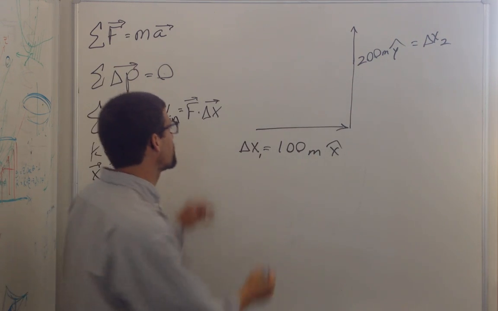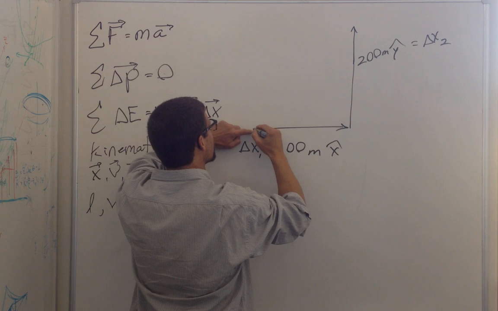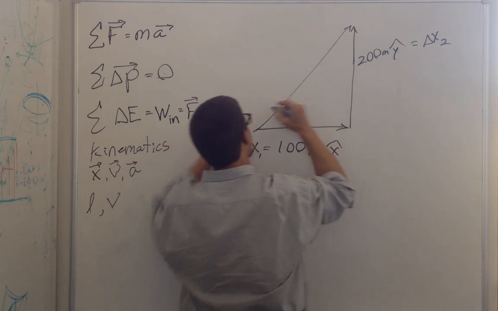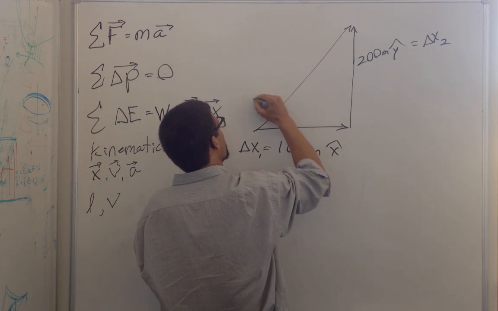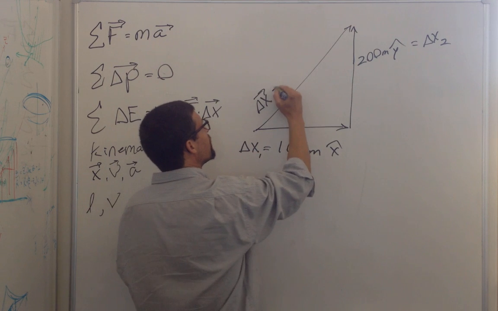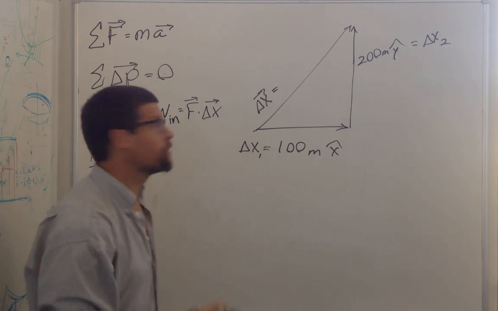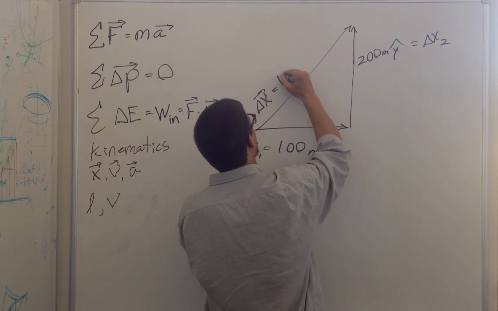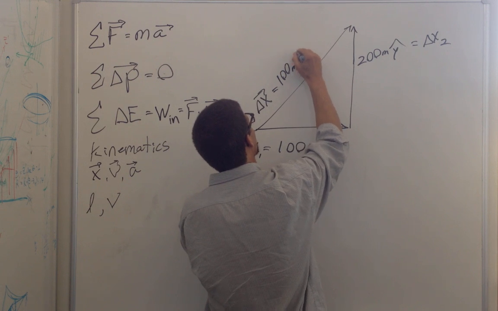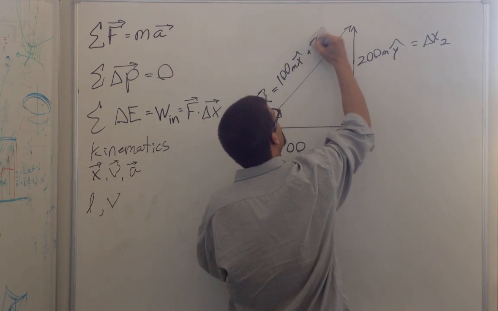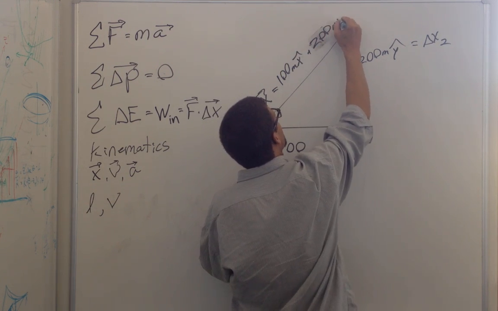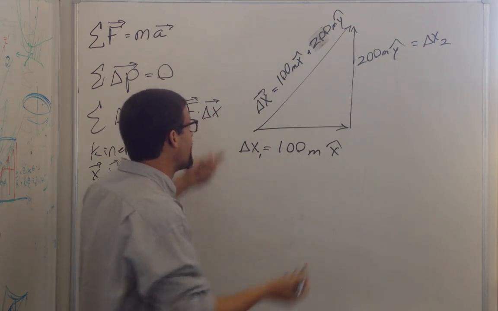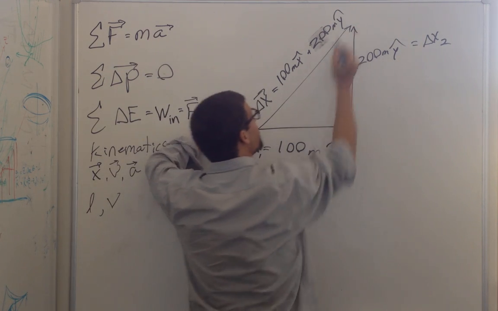So what is your final displacement? We add these like vectors and we see that our final displacement is the vector sum of these, and there are two ways to write it. We could write 100 meters in the x direction plus 200 meters in the y direction. And so that says if I start here, I'm going to end up there.